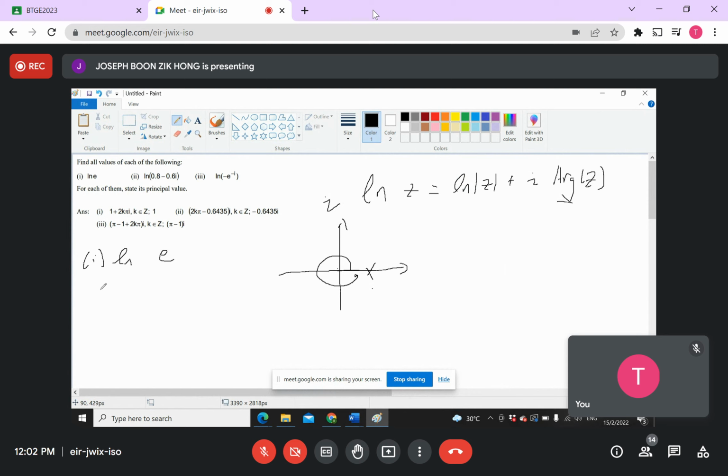So this one is ln of e, because it's only e, the modulus is still e, so ln e plus i times 2k pi. ln e gives me 1, and then plus 2k pi i.